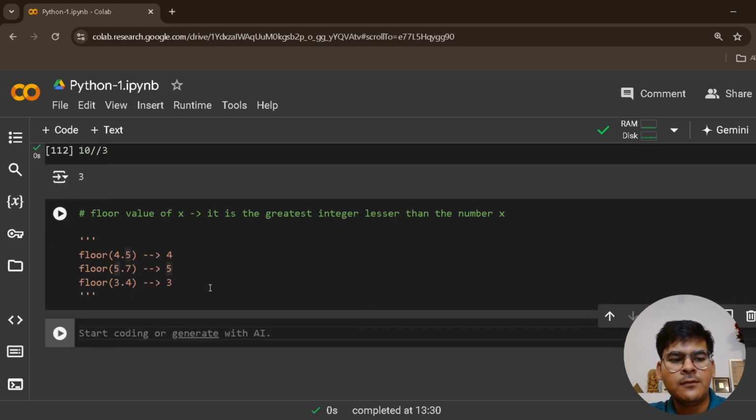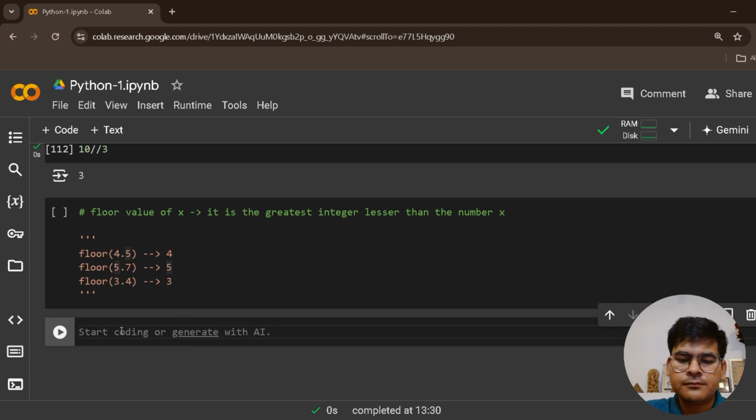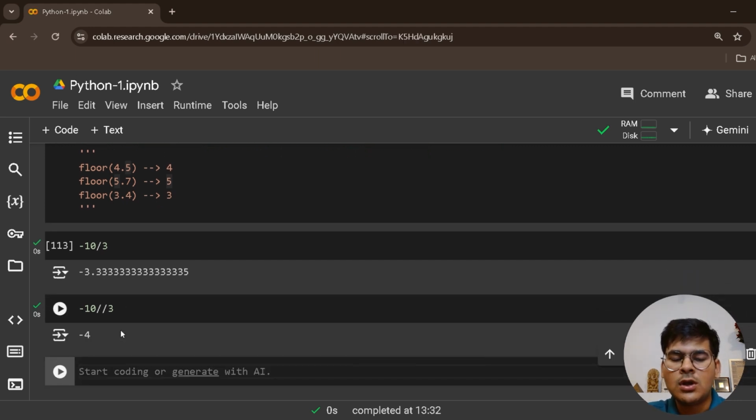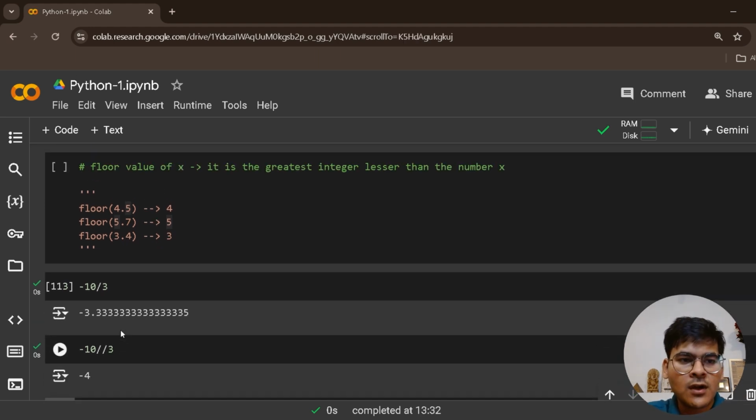Okay, for example, if I perform minus 10 divided by 3, what is minus 10 divided by 3? Minus 3.33, right? But if you do minus 10 floor division 3, interestingly, it will give you minus 4. Why?